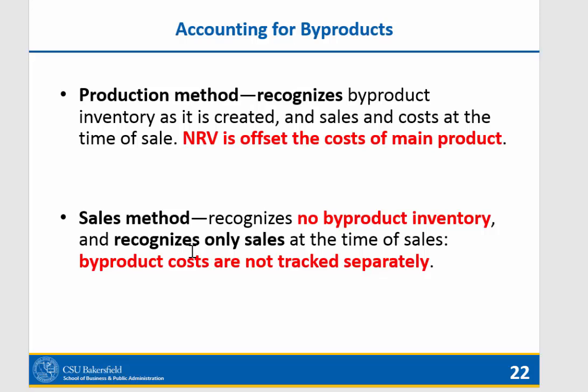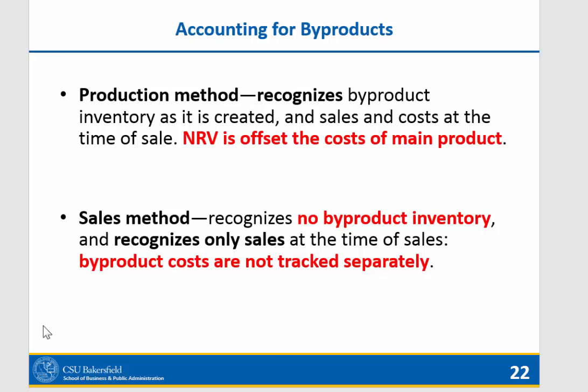The sales method will recognize no byproduct inventory. But when you have sales of byproducts, you recognize only sales. So the byproduct costs are not tracked separately. After I go through these 2 methods, you will have a better understanding through the example, because just reading these 2 descriptions can be very difficult to follow.